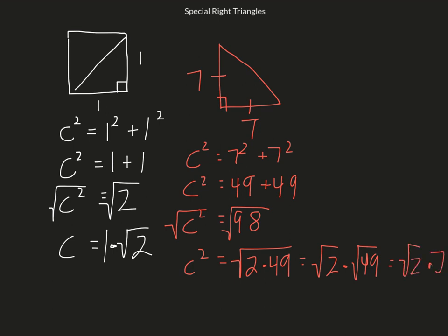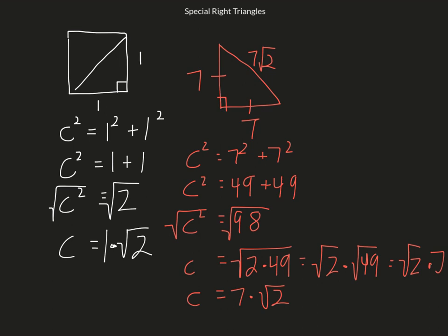And of course, we turn it around. We do not want c squared right there, do we? So I'll just erase it. So c equals 7 times the square root of 2. So we know that this happens every time. So it's always a multiple of that. So there's our second special right triangle.